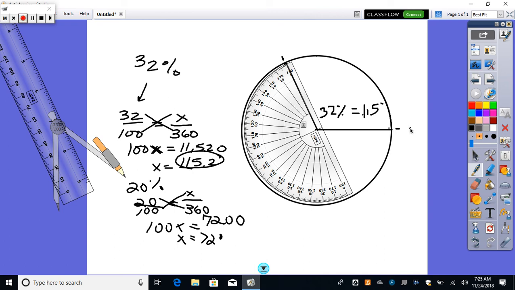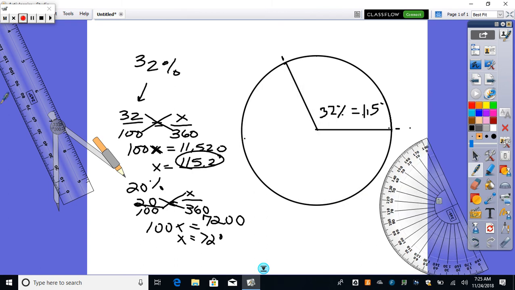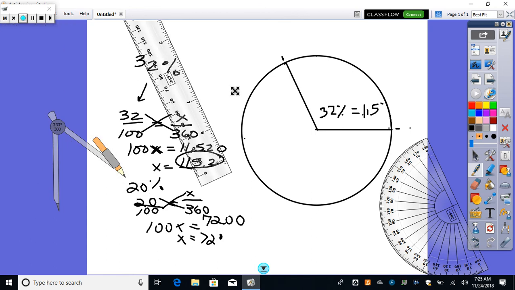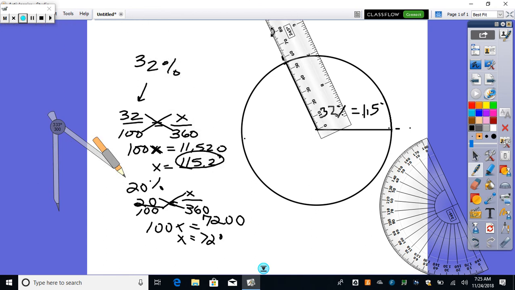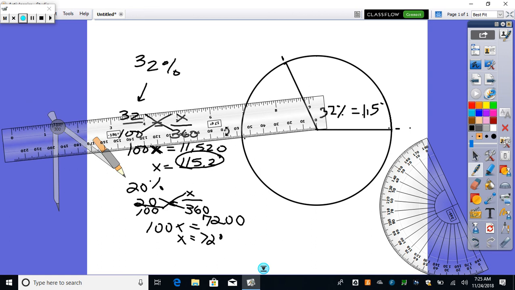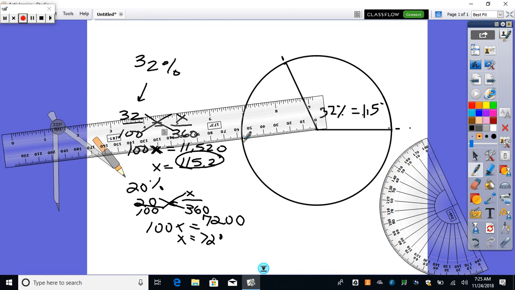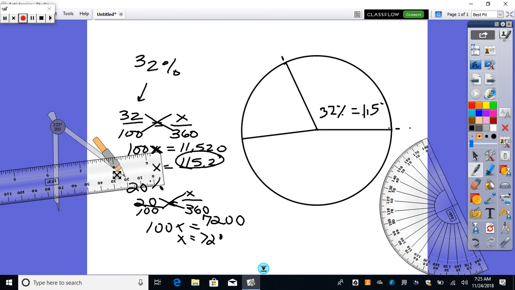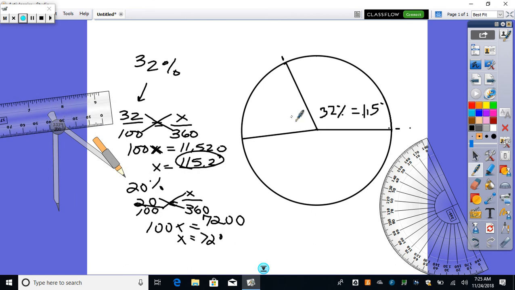And so if I go ahead and add another 72 degrees onto that, 40, 50, 60, 70, we're out right about right in there. So I made a little dot right there, and now I can go ahead and connect from the center to that point right there. And that is 72 degrees, which is also 20%.